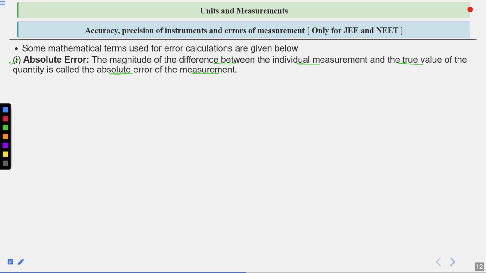Suppose we have two data: first is the individual measurement data, second is the true value of the data. So the difference between the individual measurement and the true value gives the magnitude, and that magnitude is the absolute error.